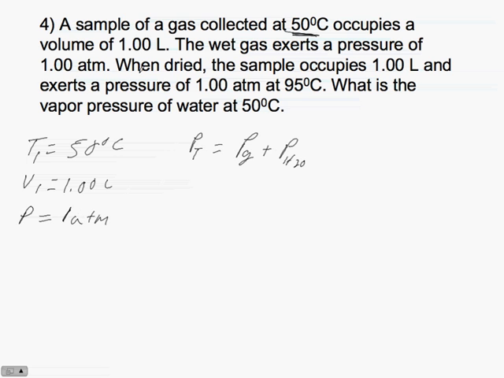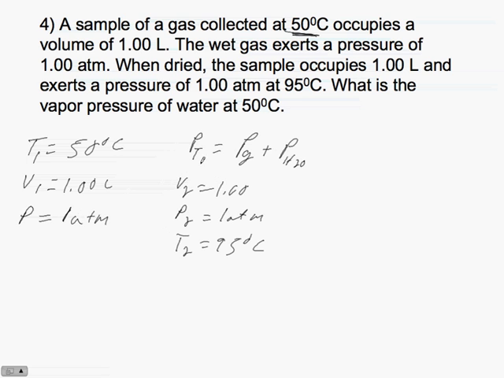It says when dry, the sample occupies a volume of 1 liter, so our V2 is equal to 1 liter, and exerts a pressure, our P2, equal to 1 atmosphere, and our T2 is equal to 95 degrees Celsius.